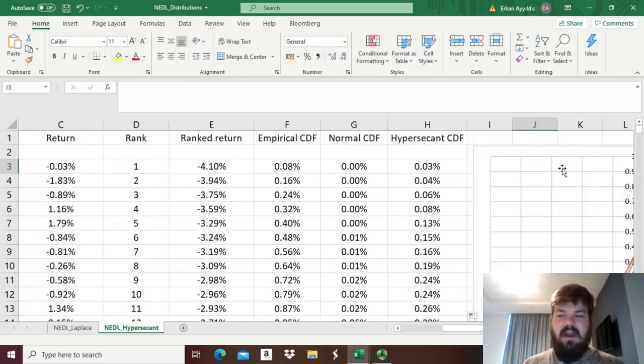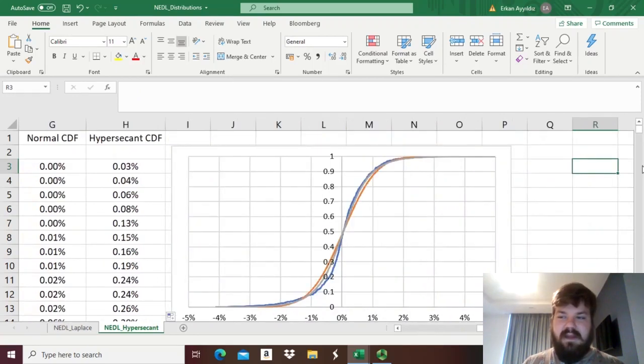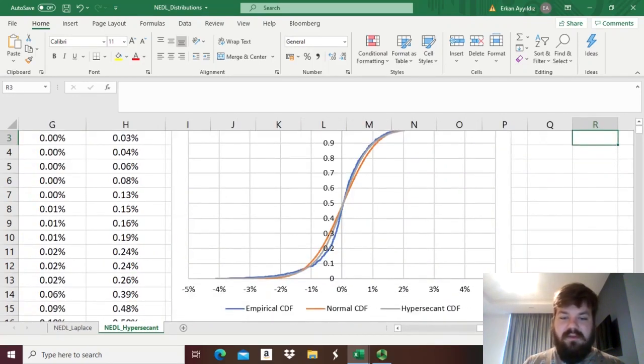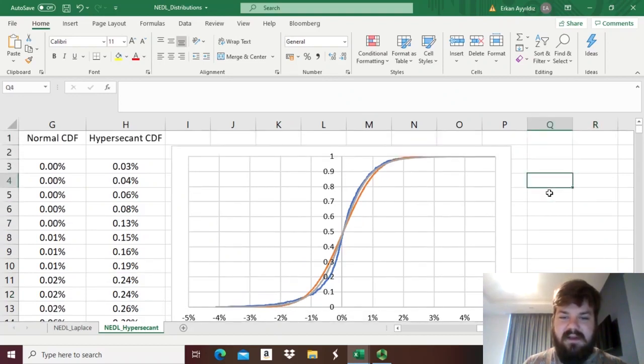If we observe that graphically, we can see that those distribution functions fit the empirical data differently. The empirical distribution is this rough blue line over here, and we can see how fat the tail is over here on the left-hand side and here on the right-hand side.